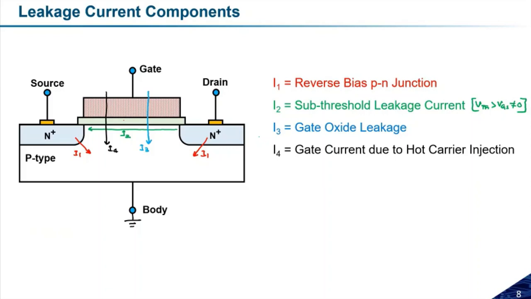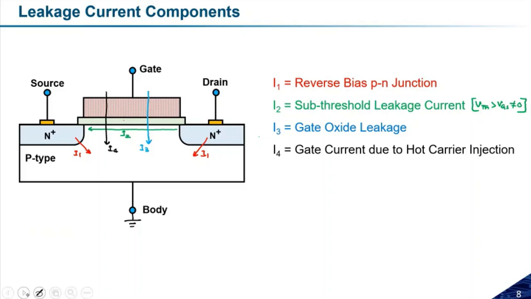It is because of the reduced threshold voltage. If I have reduced the threshold voltage and the size is very small, some of the charge carriers can get sufficient energy, and because of that they can start trapping into the oxide, and because of that trapping, some current can flow. That current we are calling the gate current due to hot carrier injection. So I4 is that current.